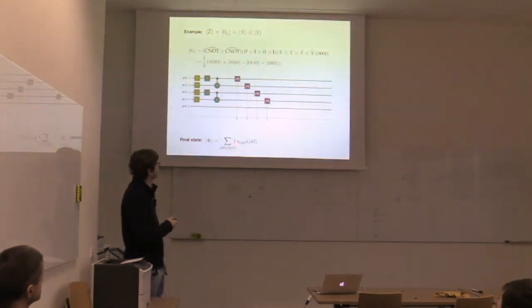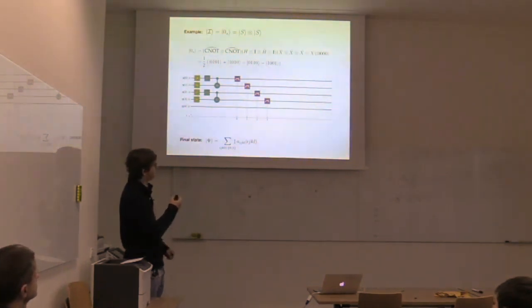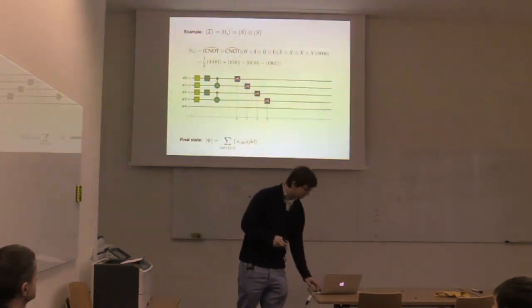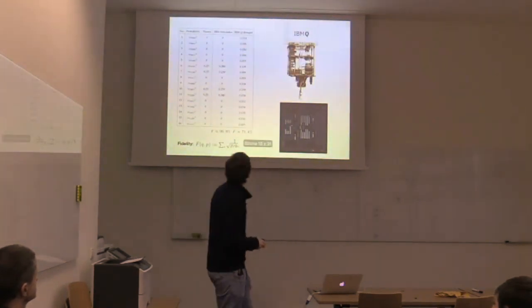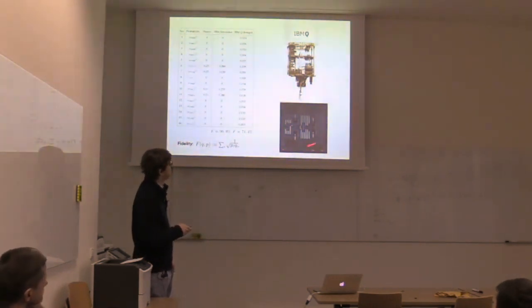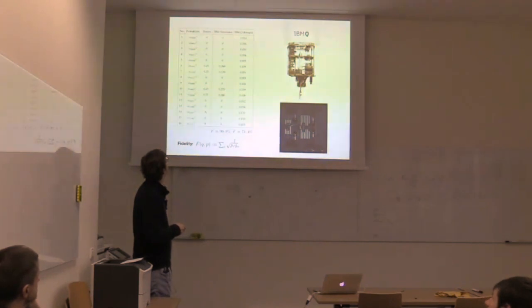But in general, in quantum computing, you may expect that your state will be a superposition of all the basis states. When you have 4 qubits, your Hilbert space is 16-dimensional. And this is an outcome from IBM Q, the chip that I introduced already.